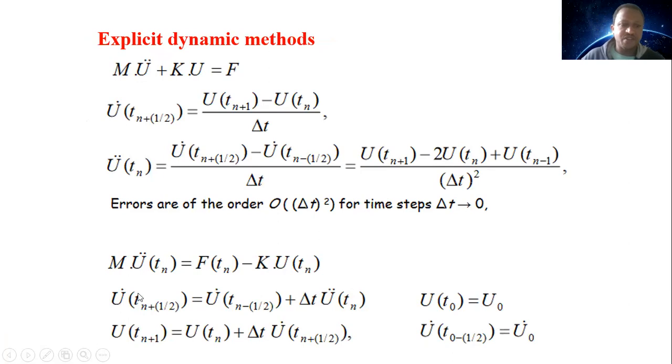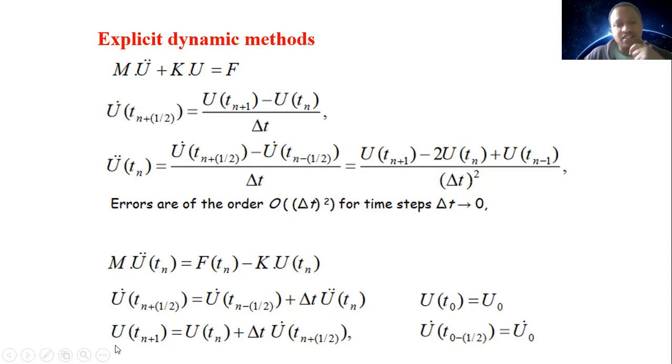We have m times u dot dot at t n, which is equal to f at t n minus k u at t n. So f at t n is the external force, and the velocity u dot at t n plus 1/2 is equal to u dot at t n minus 1/2 plus delta t u dot dot at t n.